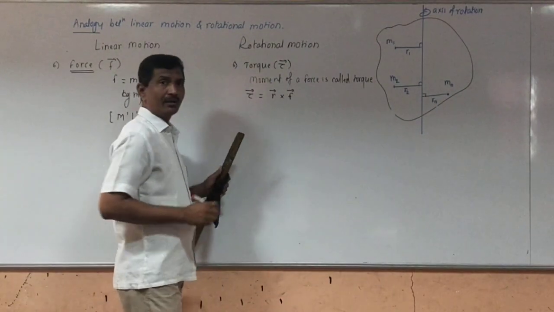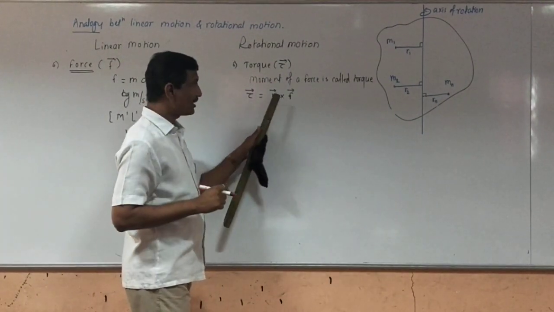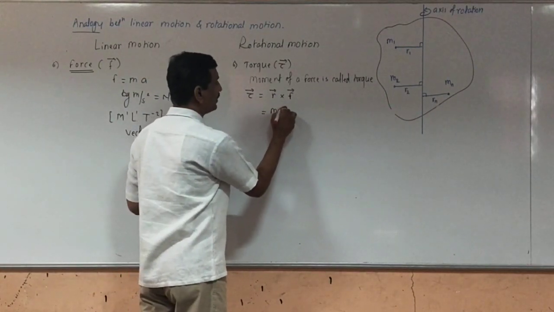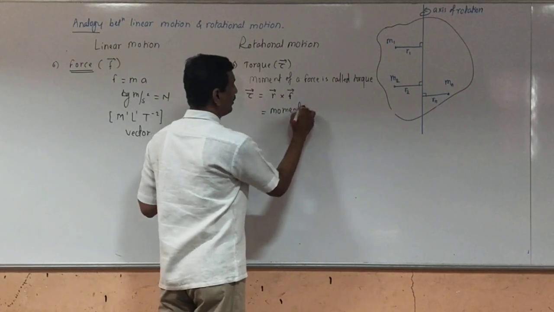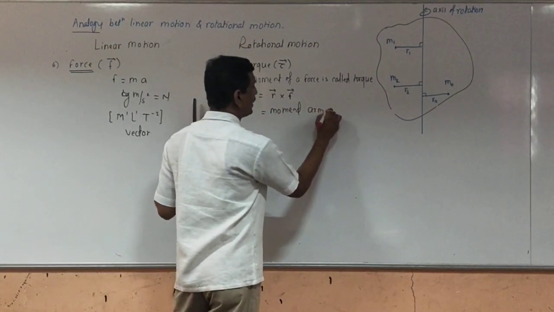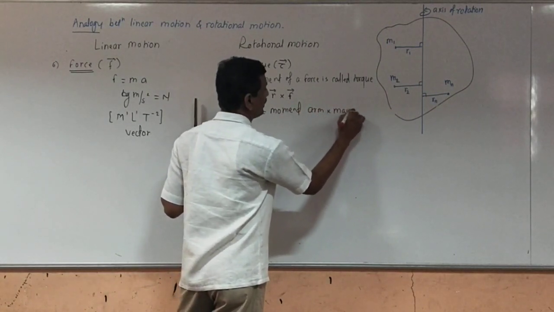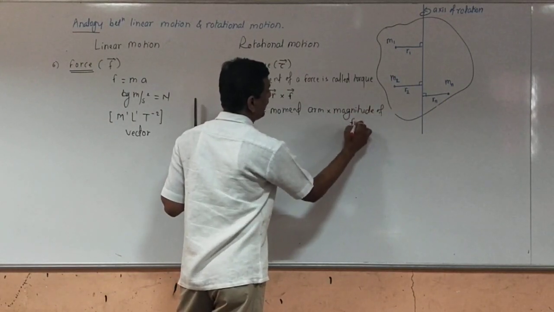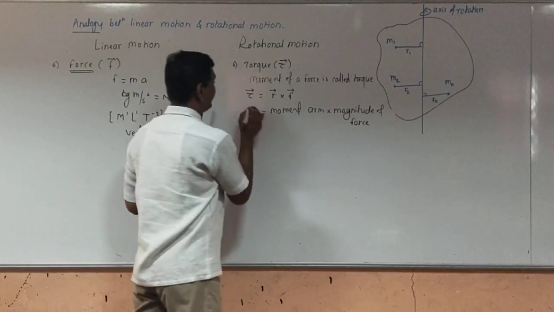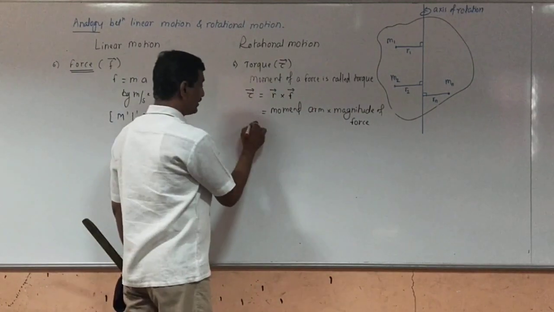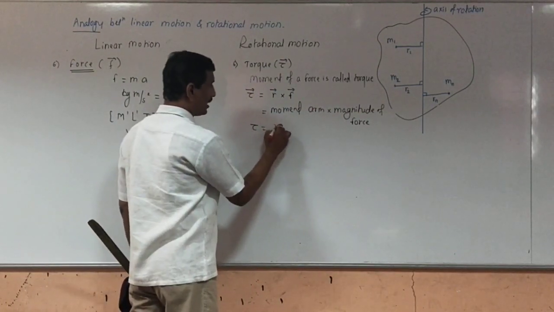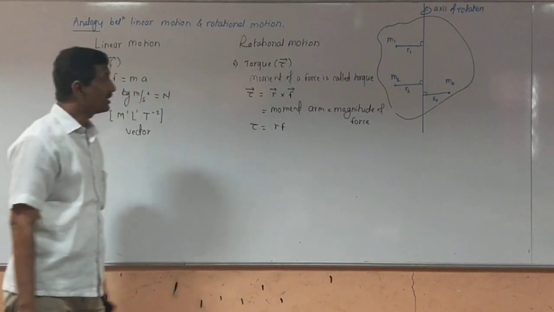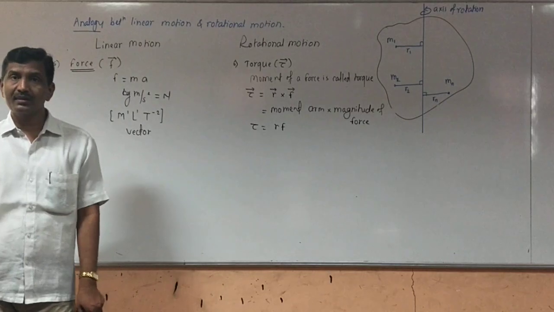It means the product of the magnitude of the moment arm and the magnitude of the force gives us the magnitude of the torque. In symbols, it is R into F only; in vector form, it is R bar cross F bar.